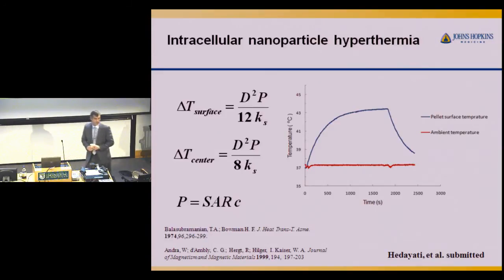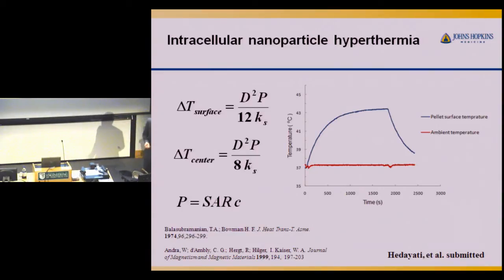Now, not to belabor the point, but basically you can go to a basic heat transfer model where you have a sphere that is generating heat, submerged in a medium having heat transfer properties, let's say water, that acts as a heat sink.